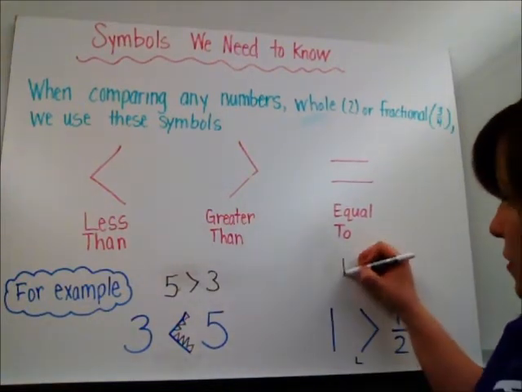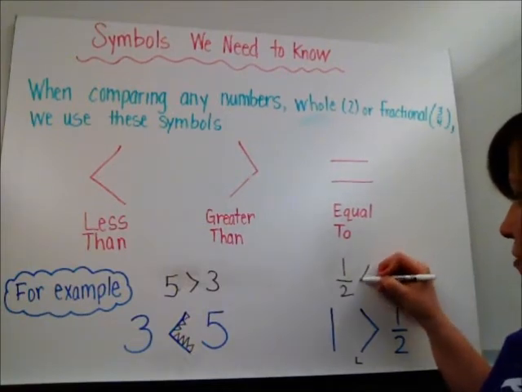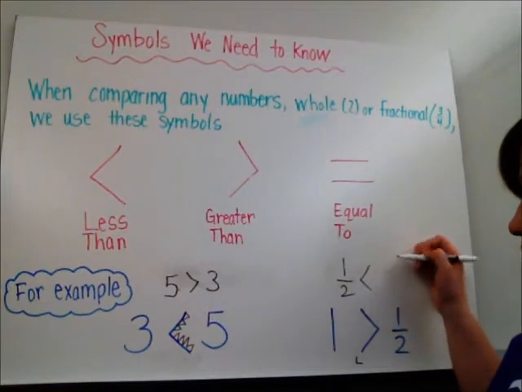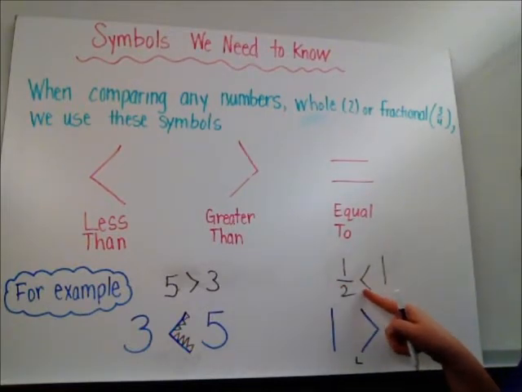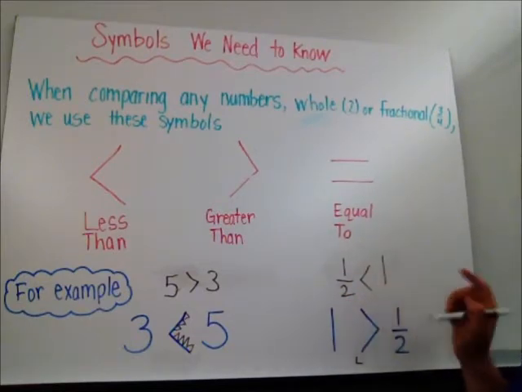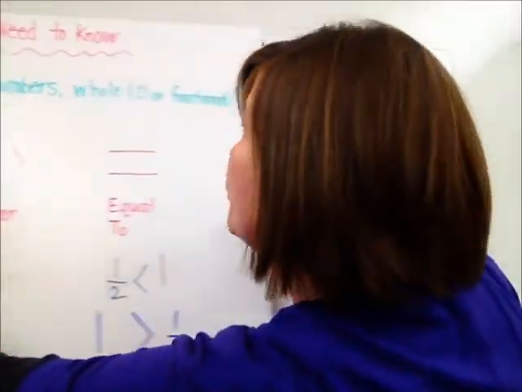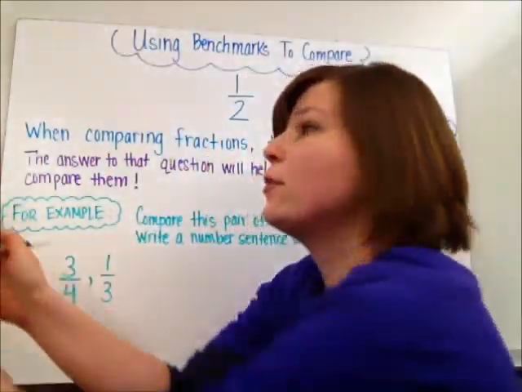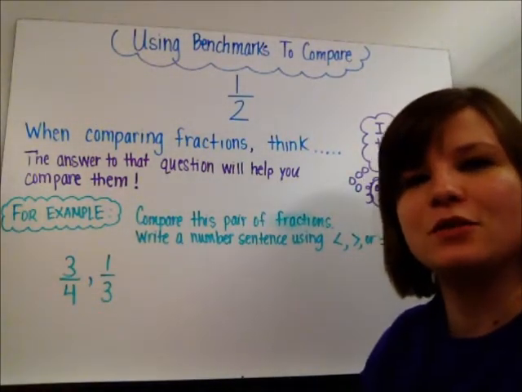If we switched it and wrote the 1/2 first, we have to have our symbol facing the bigger number. He's hungry. So we would read it 1/2, and there we see our crooked L. So 1/2 is less than 1. I hope these little tricks help you with remembering those symbols because they can be tricky, and you can rewatch it as many times as you need to.